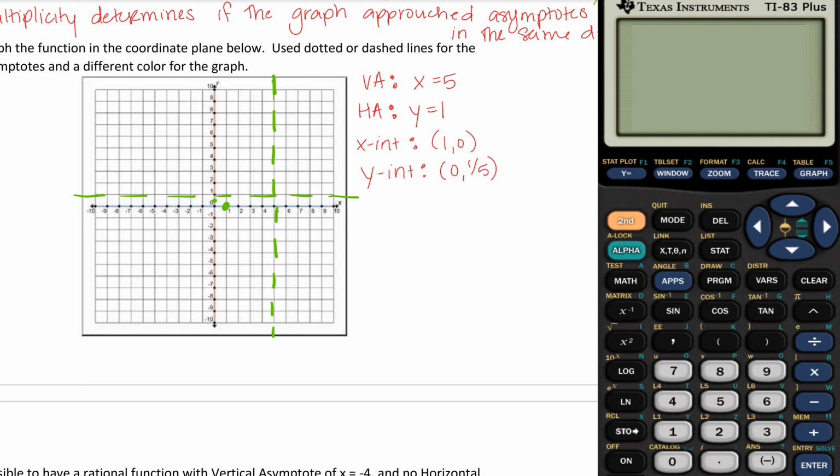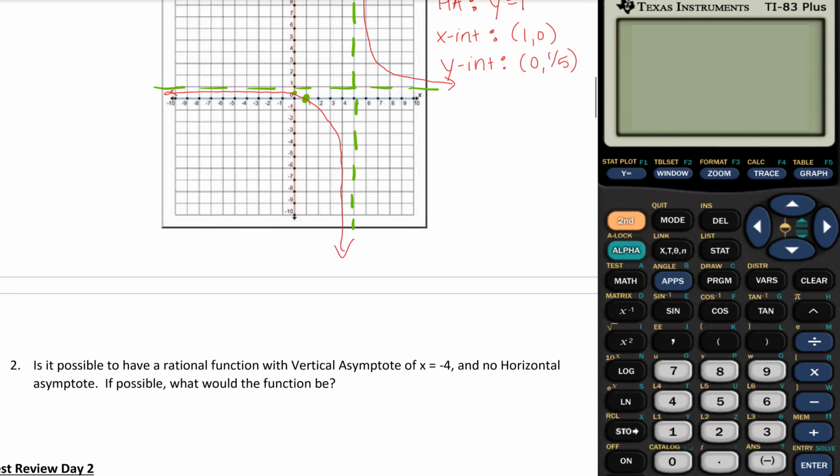Now I'm going to draw my line. Remember, I get really close to my asymptotes, but I don't actually cross, and I'm going to do the one opposite. So I'm also going to have one here. Now, if they wanted specific points, remember you just plug in a point to the left and to the right of the vertical asymptote.